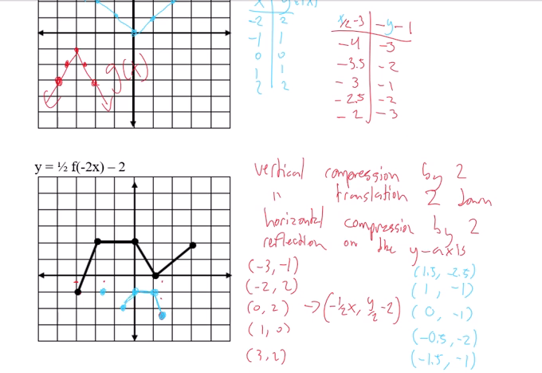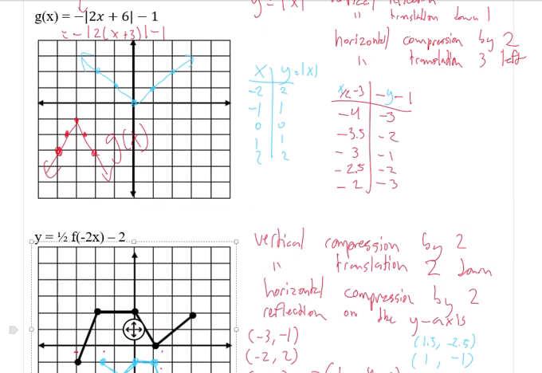And you can kind of see the same shape we had before here. It's just being reflected and severely compressed vertically and horizontally. So when you do transformations or combination transformations, you can take individual points, apply the transformations to each point. You can definitely do that. And the nice thing about that is if you do that, because you know the shapes of these functions, you can just do a few points and then create the function based off of that.